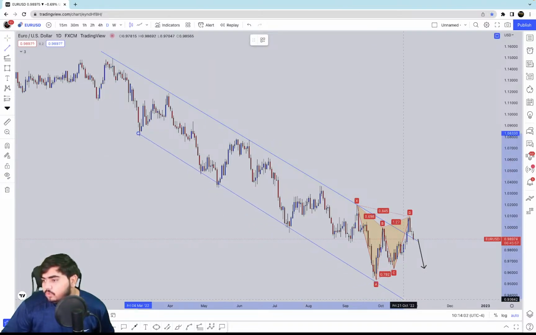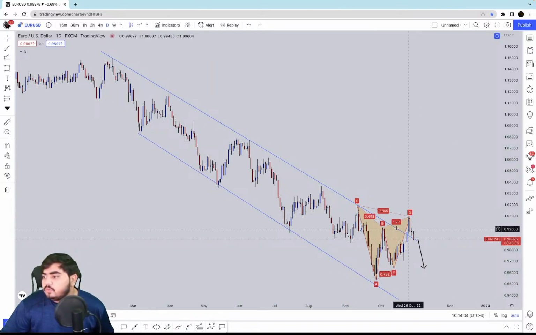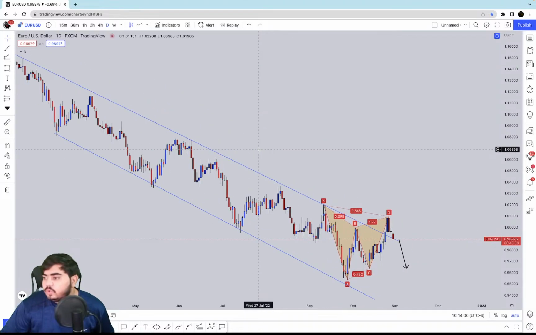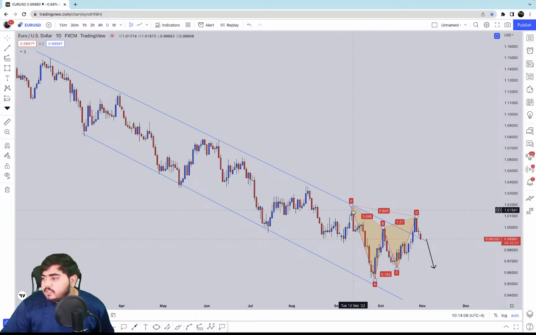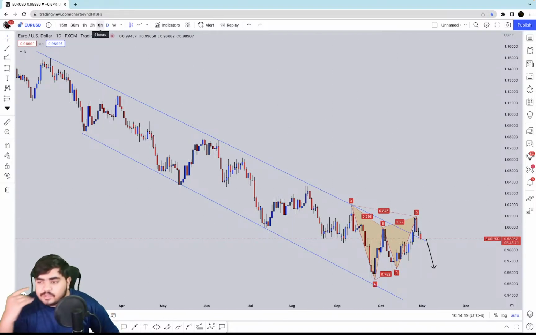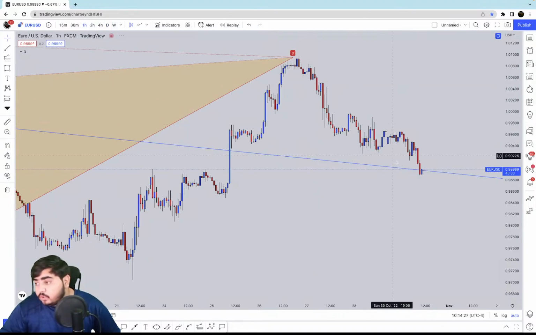Euro USD has completed its Gartley pattern right here. It's pushing lower, it has made a fake out from this bearish channel, and as the Federal Reserve is increasing interest rates, this is very bearish for the economies that are against the dollar. So that's what we are looking at right now on the Euro USD.